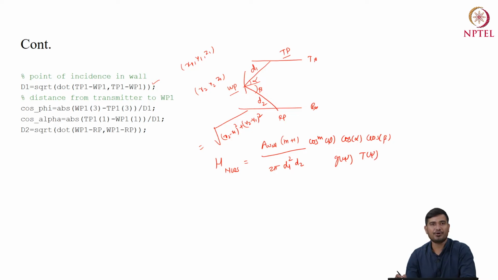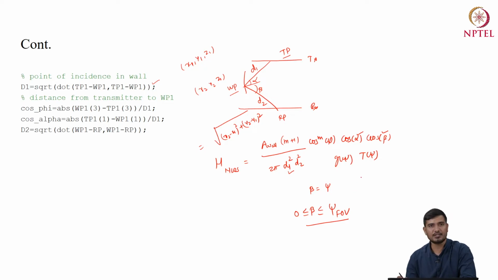So now in order to simulate the non-line of sight channel gain with respect to the line of sight channel gain, you require two distances d1 and d2 square, and you require two angles alpha and beta, and this beta is the same as the reflection angle xi. Again, this beta should lie within the field of view of the receiver in order to perfectly convert your optical signal into an electrical signal.